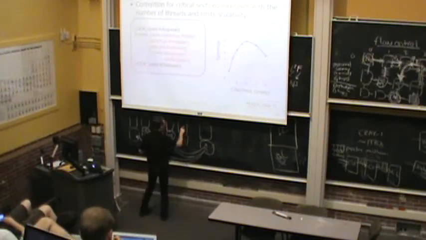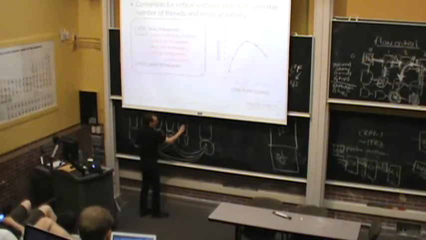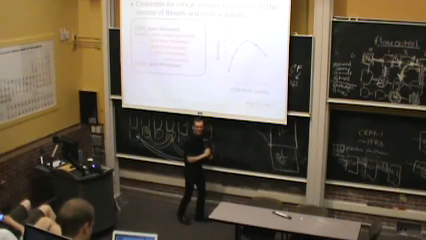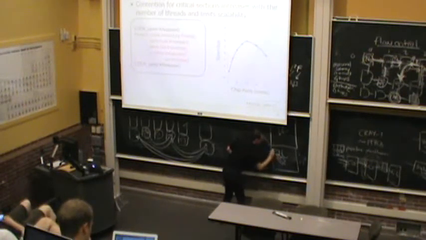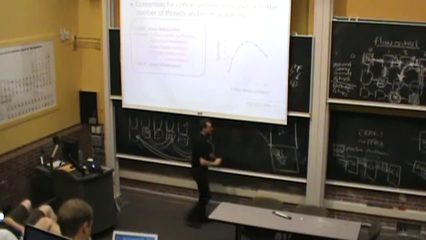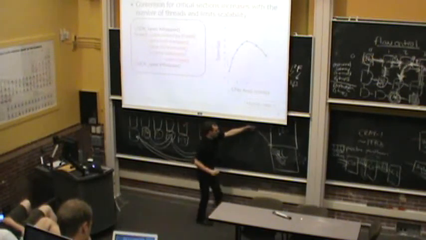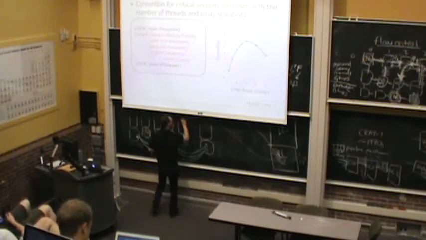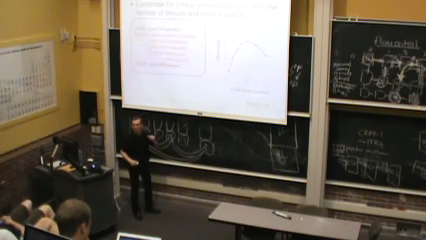When the thread gets to the critical section, it says, large core, execute this critical section for me. Now the lock stays here. And the large core executes the critical section and sends a message back to the thread saying, thread, I'm done, keep going with whatever you were doing.